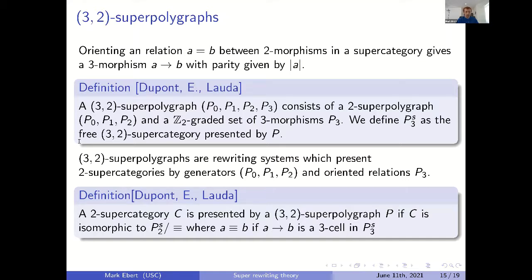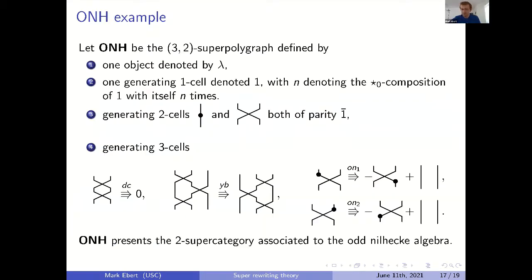So let's look at an example. Let's talk about this 3-2 superpolygraph ONH. So we have one object, generating one cell, denoted 1, and we denote composing n copies of 1 as n.